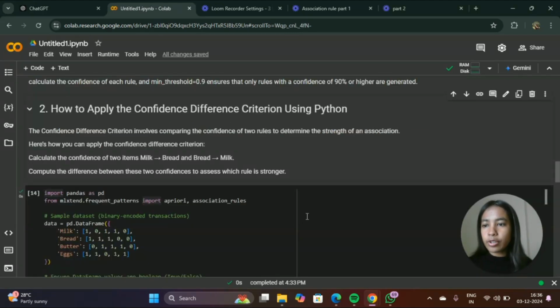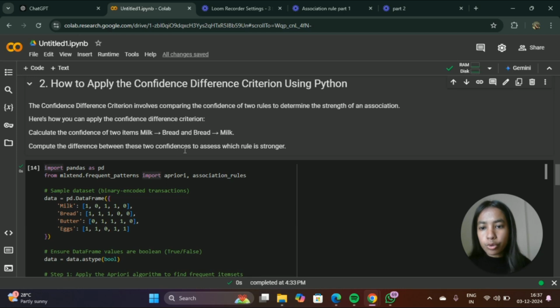Now we are going to look at how to apply the confidence difference criteria using Python. The confidence difference criteria involve comparing the confidence of two rules to determine the strength of association. Here we apply it on two rules, milk to bread and bread to milk, and compute the difference between the two confidences to assess which rule is stronger.